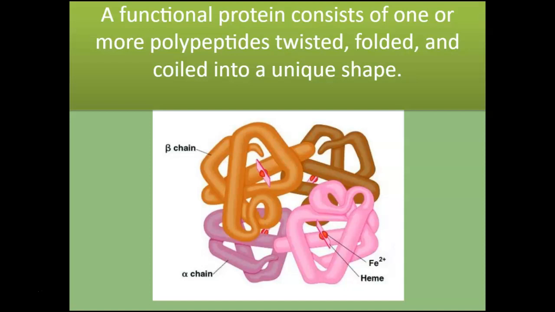See, this protein, hemoglobin, is designed in a very specific way, and if something were to occur that breaks this structure or changes it, i.e. sickle cell anemia, this protein would be unable to carry out its function.